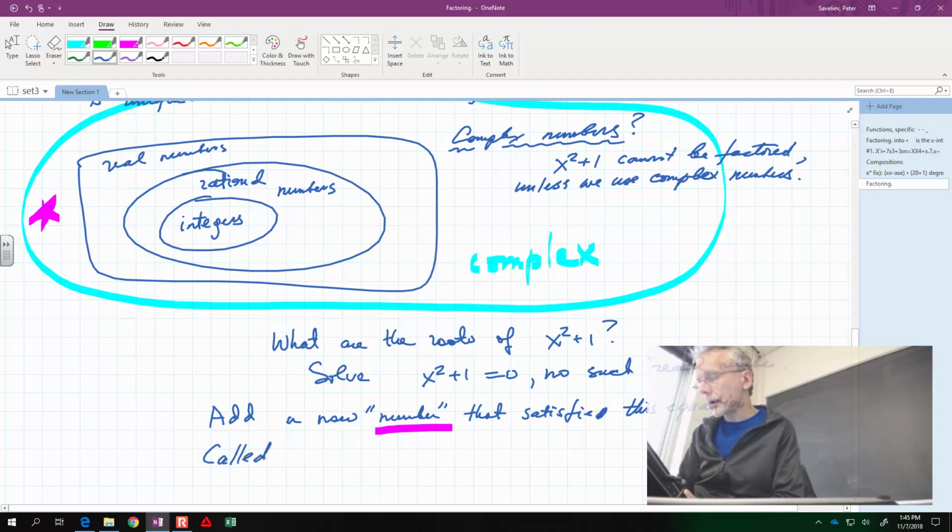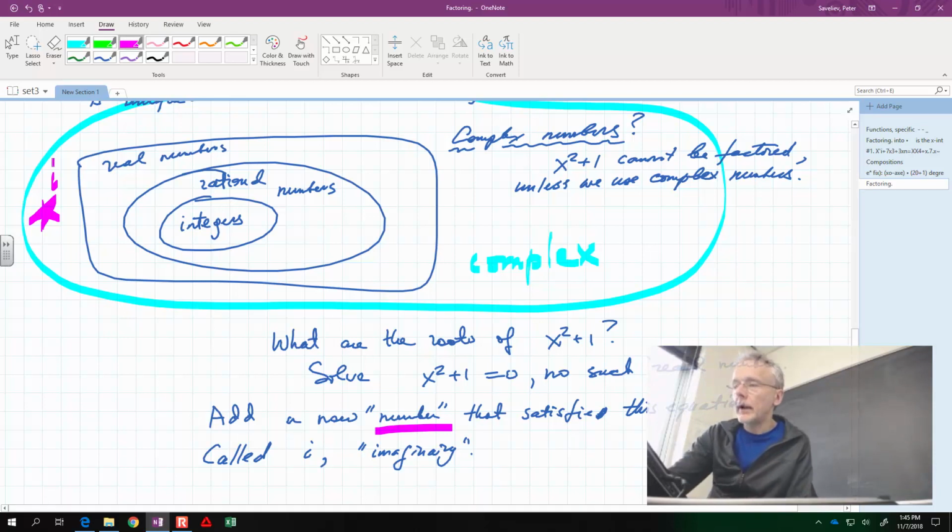We use the letter i for it. i stands for imaginary. So to begin with, just one number that is not real, and it is imaginary. The only thing that we require from it to begin with is that i squared is equal to negative 1.